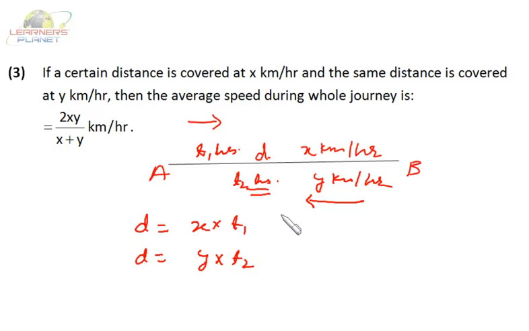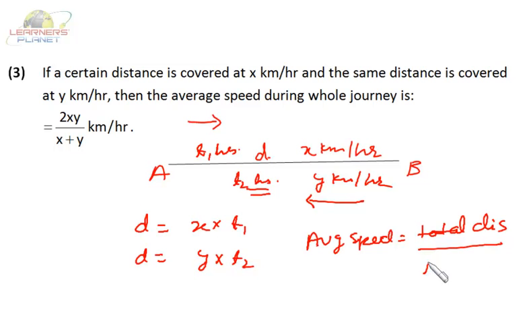Now we have already discussed the concept of average speed. It should be total distance by total time, that means the total distance of the journey and the total time taken to cover that distance. So average speed is equal to total distance by total time.